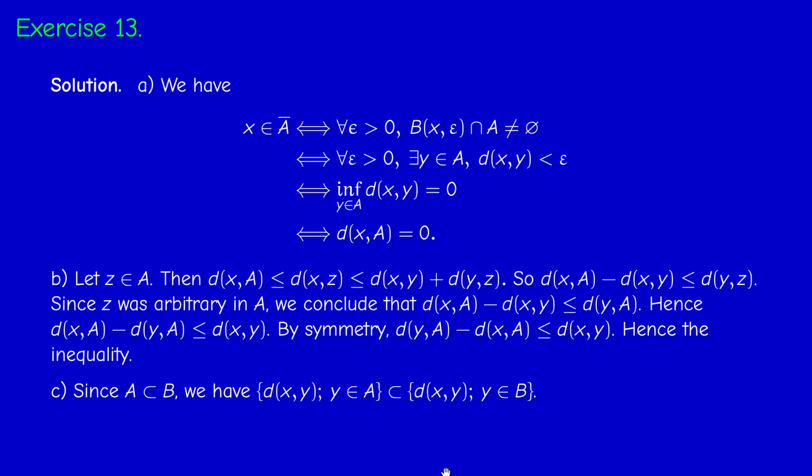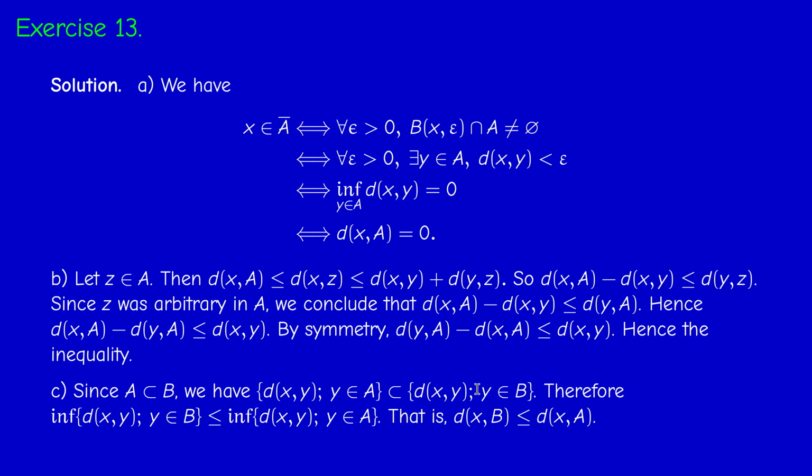So pay attention to the order of sup and inf. So therefore, the infimum of the bigger set is less or equal than the infimum of the smaller set. And that's it. So d(x,B) is less or equal than d(x,A). And as I told you, you can draw a picture to convince yourself what it means. So when the set gets bigger, the distance from x to B gets smaller.